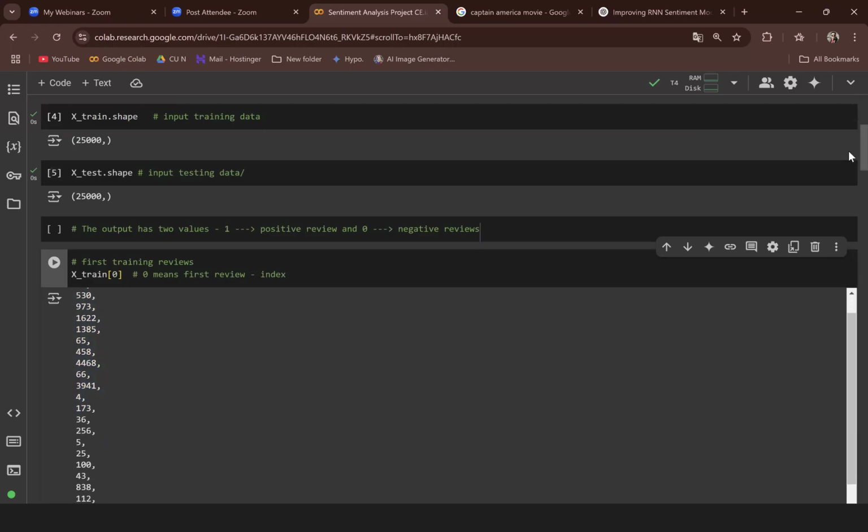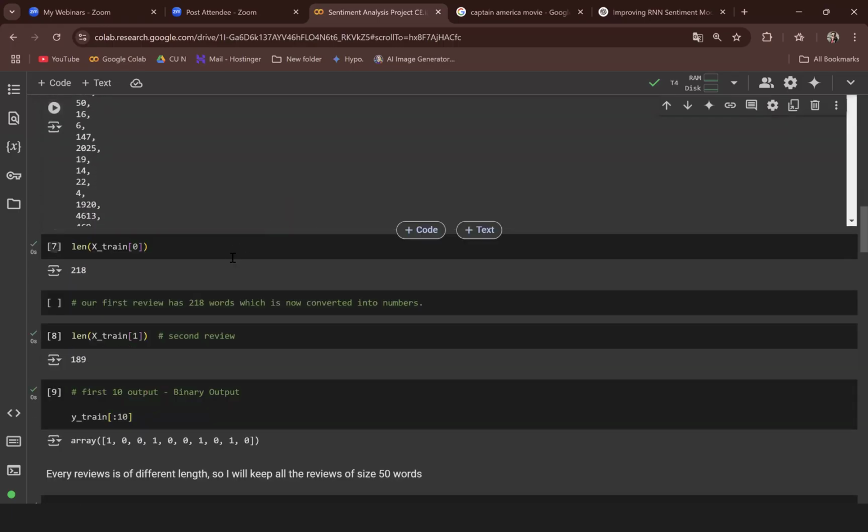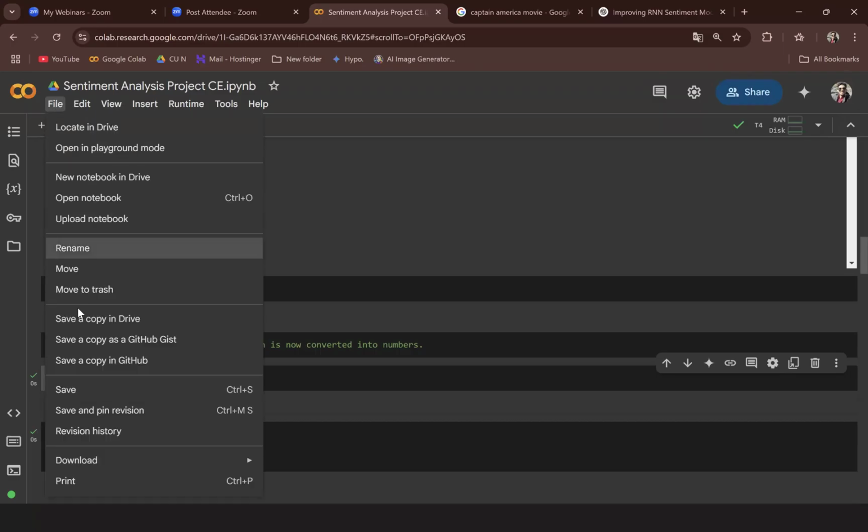That is the second review. Index 0 means first review, Index 1 means second review, Index 2 means third review. Right? Okay. And the output is binary output. All right.